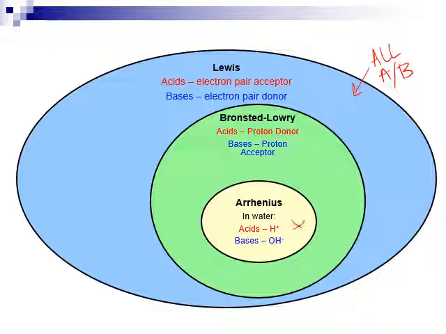Very narrow is Arrhenius, and that's because it requires water. So every acid and base that we would say is an Arrhenius acid and base is also a Bronsted-Lowry and also a Lewis. Everything that we would say is a Bronsted-Lowry acid and base is also a Lewis acid and base.